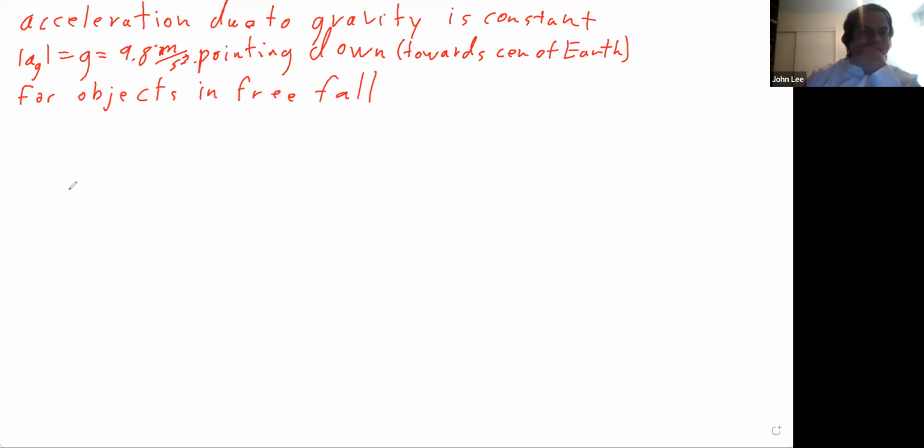So if this is an object in free fall, if we throw something up into the air with some velocity v naught, then how high up into the air is it going to go?